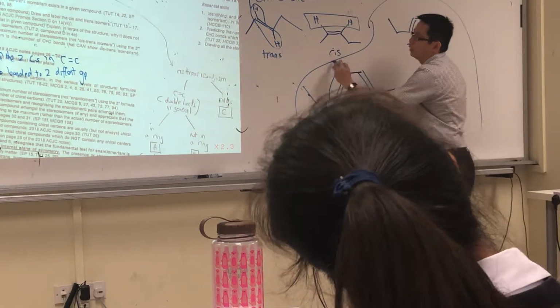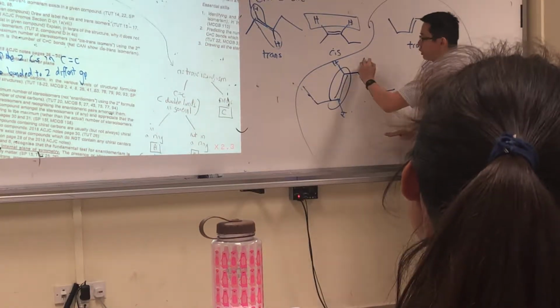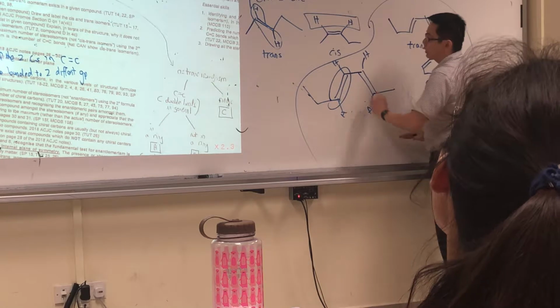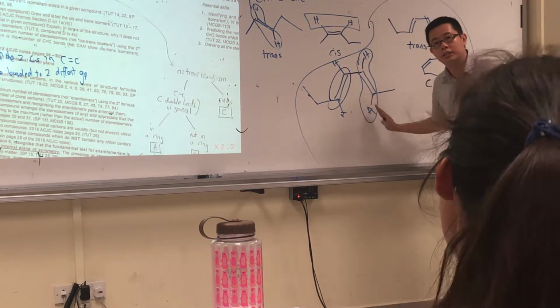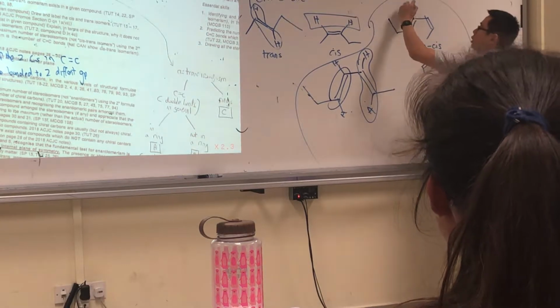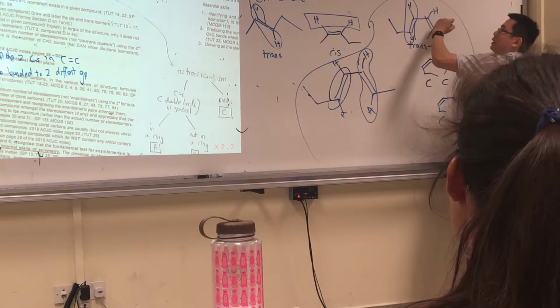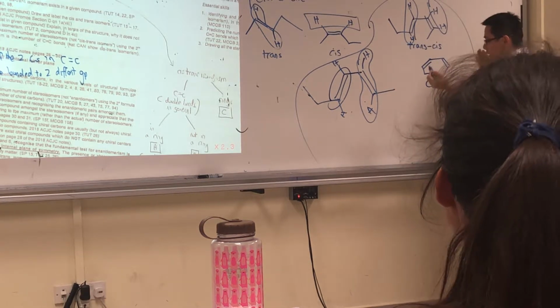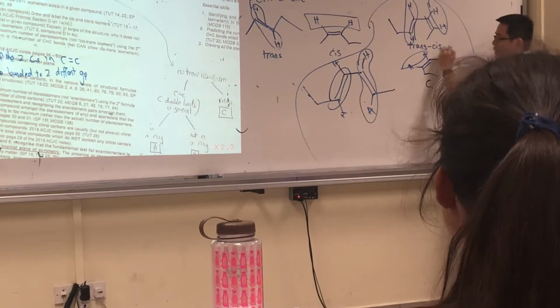Can you see why this is cis and trans in the first place or not? This is trans because your H and your H are diagonally opposite across the C=C. Why don't the other H's? This is called trans. That's why I tell you all need to recognize your skeletal diagrams. So this is double trans, trans. This is trans, cis. This is cis, cis.